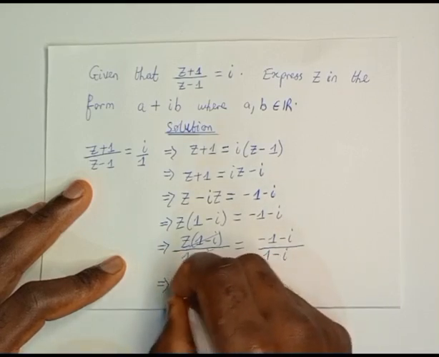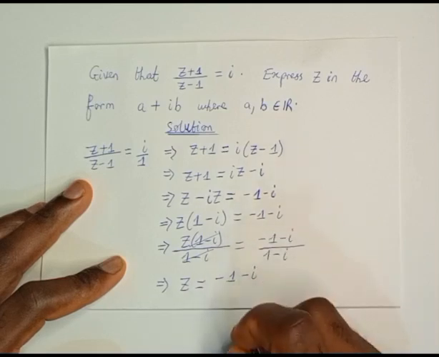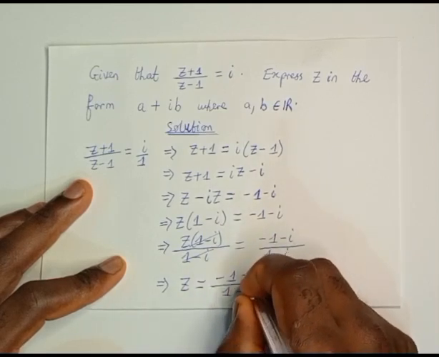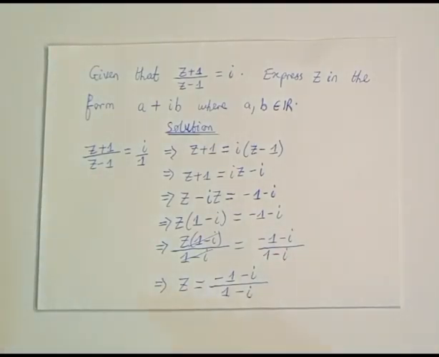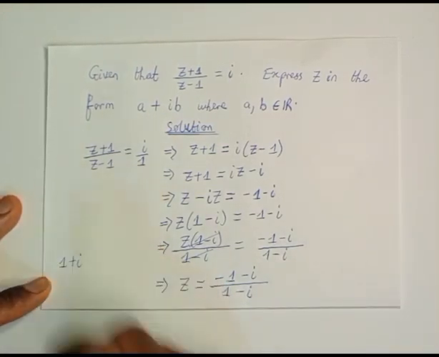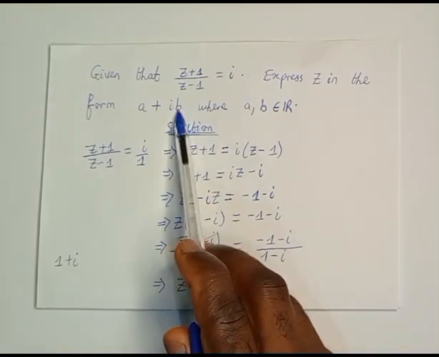Then z will be equal to (negative 1 minus i) all over (1 minus i). So the next step, we are to rationalize the denominator. We are going to multiply both the numerator and the denominator by the conjugate of the denominator. The conjugate of 1 minus i is simply 1 plus i, so that we can express z in the form a plus ib.